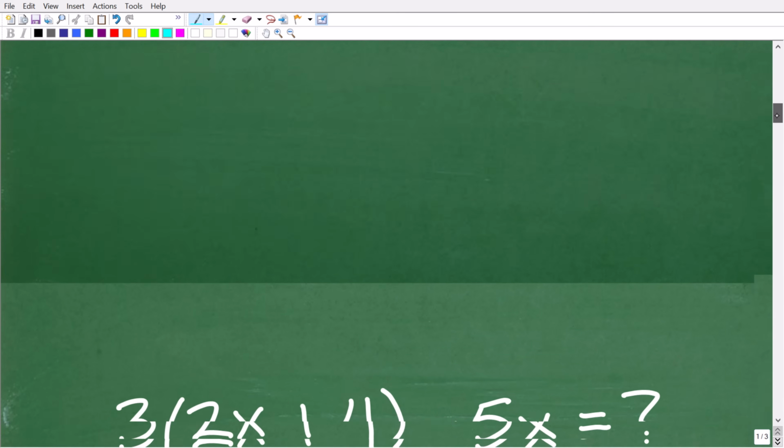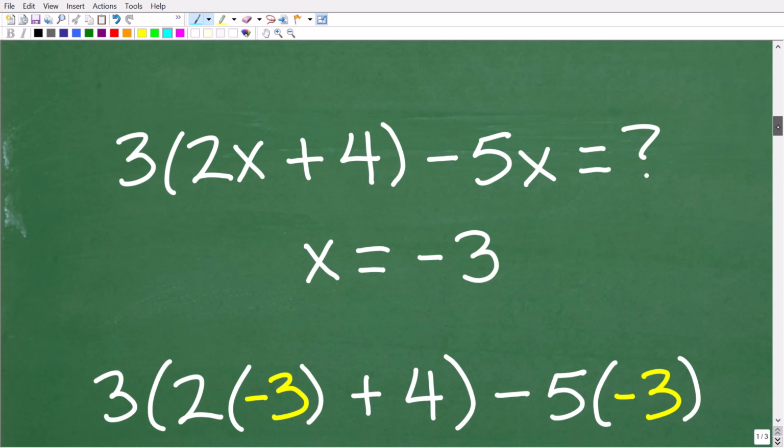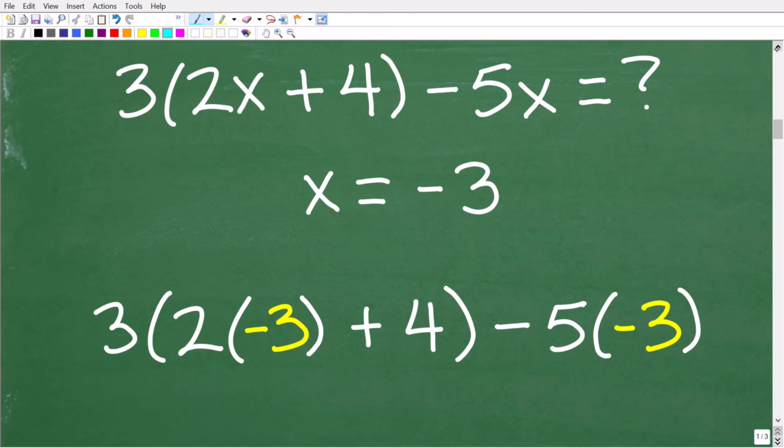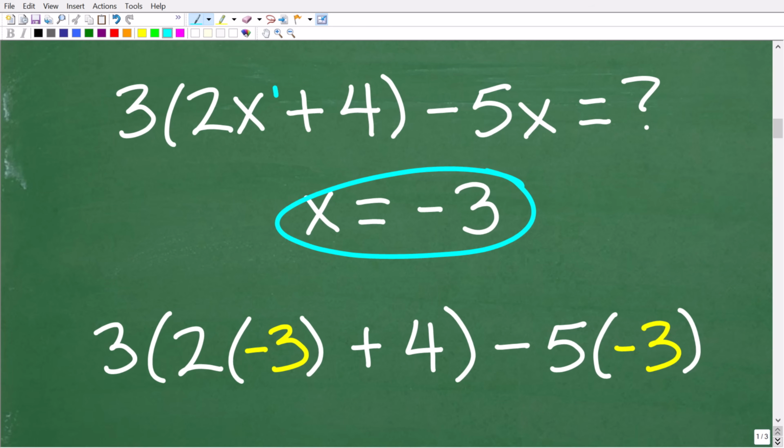The first thing that we want to do is plug in this value, x equal to negative 3. We're going to replace the variable x here with the value negative 3. But the key here is that when you are evaluating, when you are replacing a variable with a specific numeric value, you want to use parentheses.